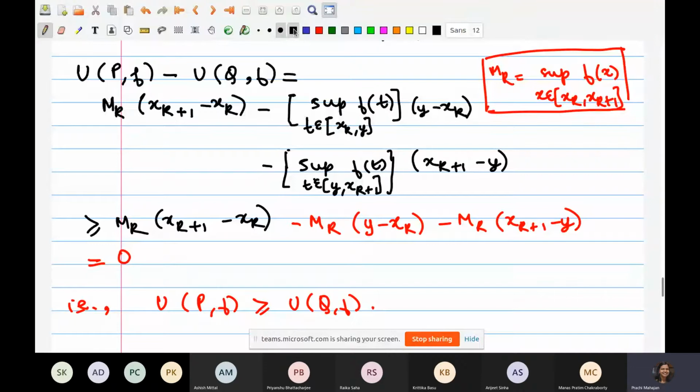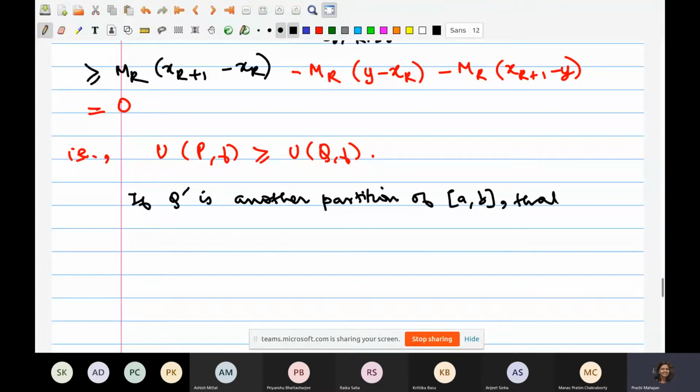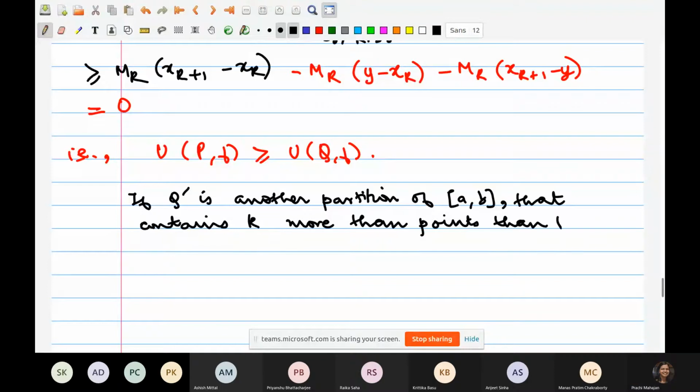And likewise, a similar analysis shows that the lower sums increase. I'll just write it down, maybe it's too much to process orally. So if Q' is another partition of the interval [a,b] that contains K more points than the given partition P, then you repeat the above reasoning K times, adding 1 point at each stage.